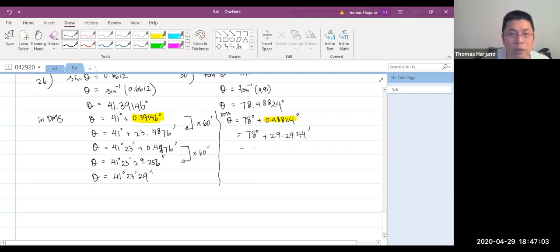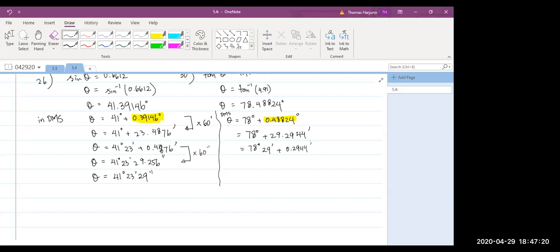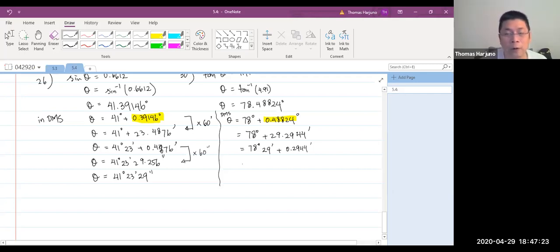That's 78 degrees, 29 minutes, plus 0.2944 minutes. Change it to seconds: 17.664. Rounded to the nearest second, it is 78 degrees, 29 minutes, 17 seconds.